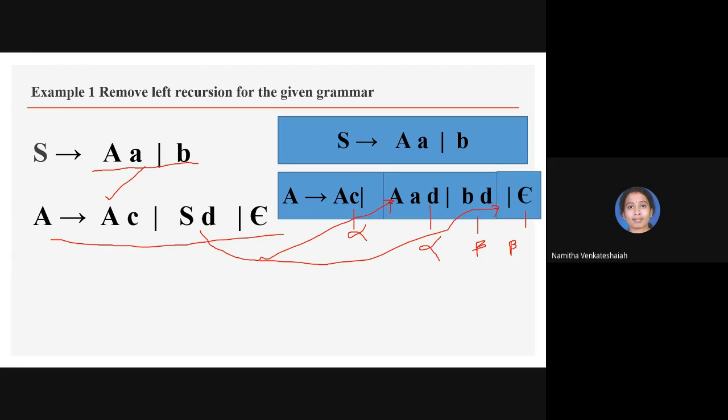Okay. So we know the formula, right? For removing the left recursion. Just now I told you to write this. If A produces A alpha or beta, then to remove the left recursion, what should I do? I should do A produces beta A dash.